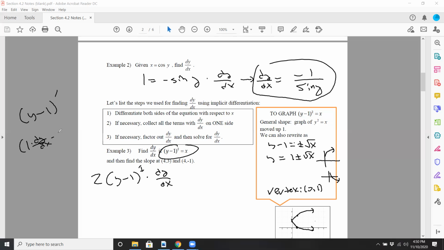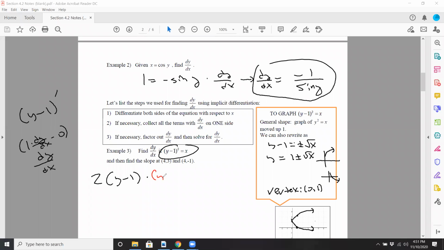And derivative of 1, of course, is 0. So it's just dy dx. So we have, again, 2 to the front, drop the exponent by 1. Actually, I don't really need to show that anymore. But then the derivative of the inside, y minus 1 prime, you're just going to get dy dx. And actually, let me just backtrack a little bit, just so you know exactly what I'm doing.